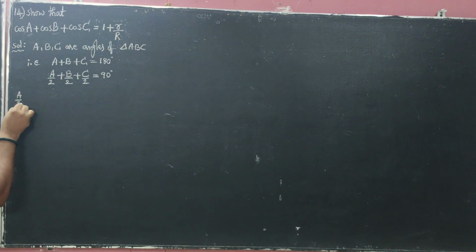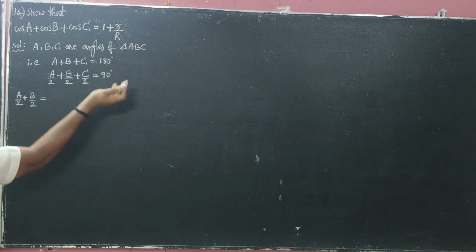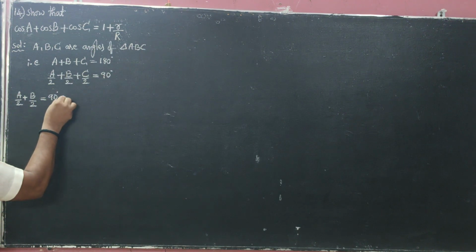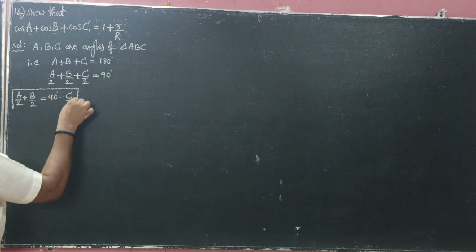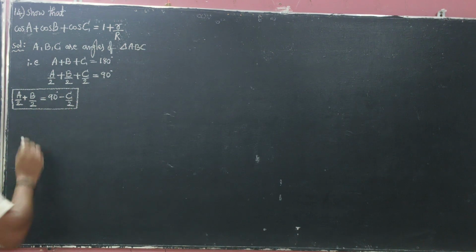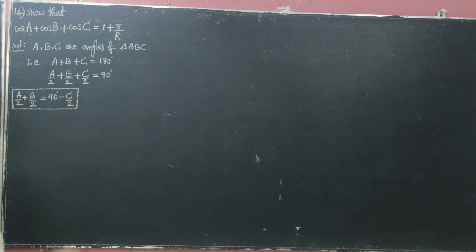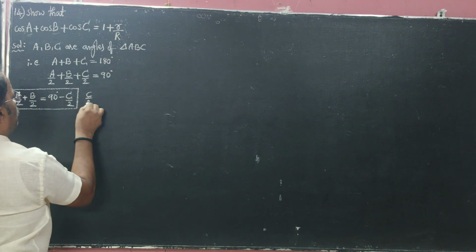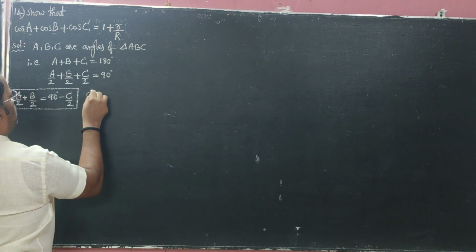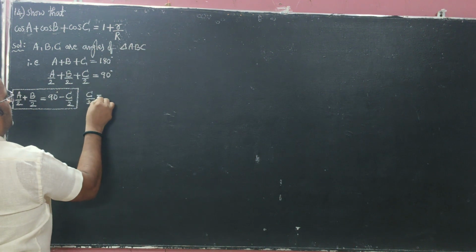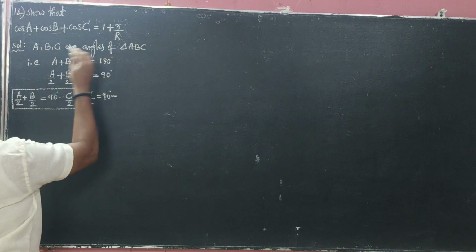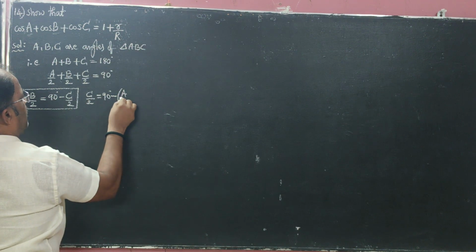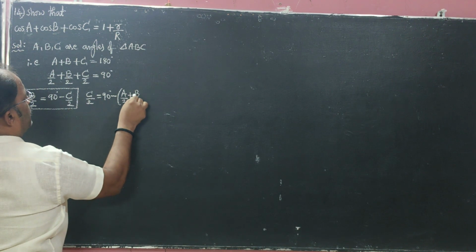From this we can write A by 2 plus B by 2 equals 90 degrees minus C by 2. So now we can use the A by 2 plus B by 2 formula, which is 90 minus C by 2, and also the C by 2 formula: C by 2 equals 90 minus (A by 2 plus B by 2).